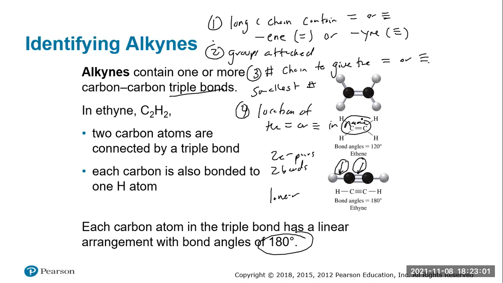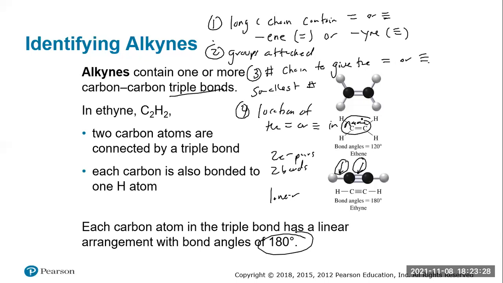So we actually give the double bond or triple bond a number. This is usually if we're about 4 or more carbons. And whichever way you number, again, to give the double bond or triple bond the smallest number, that is how you number all the other groups that are attached.